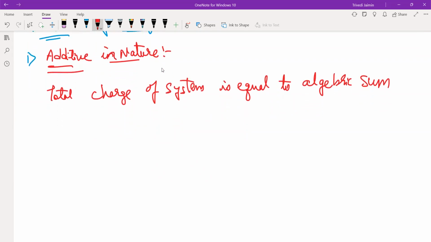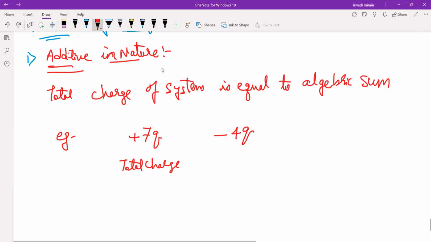Suppose, for example, let's say there is a charge which has plus 7q, and another charge which has minus 4q. So what will be the total charge? 3q. But here I said additive in nature. Then why are you subtracting? Sir, it's minus. We are taking 4q, right?